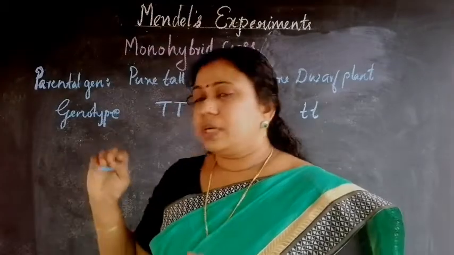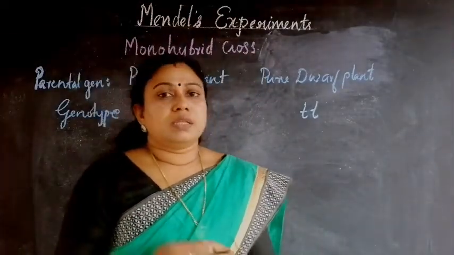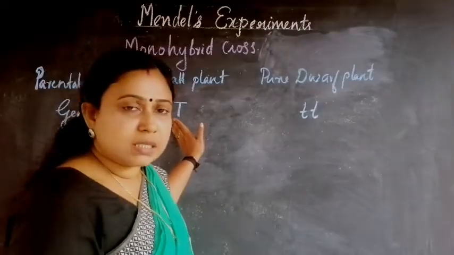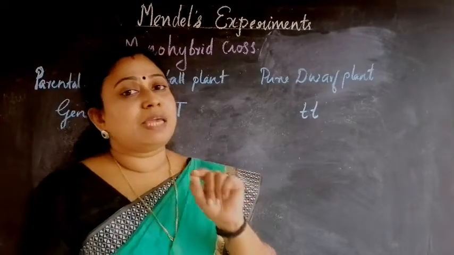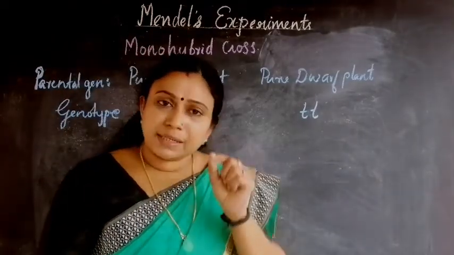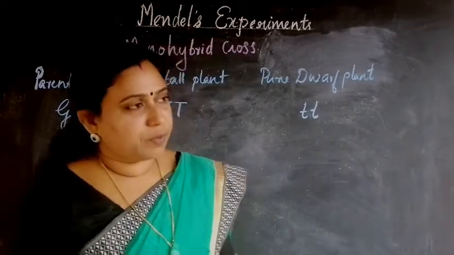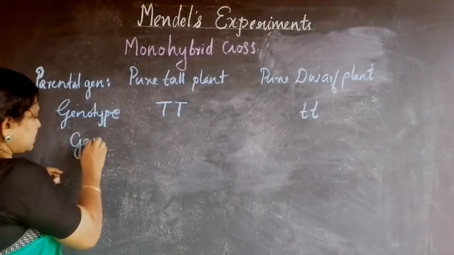Like that, in the pea plant also, at the time of gamete formation, the reproductive cells undergo meiotic division, and what are produced? Gametes are produced, and in the gametes only half the number of chromosomes will be there. So the next step, we can write the gametes.